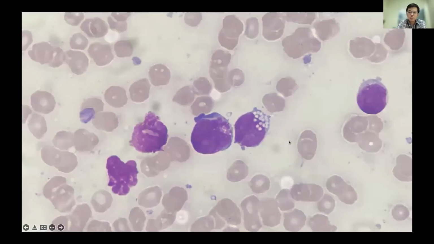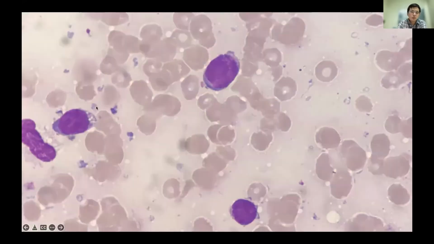And this is the bone marrow examination of this patient, which also shows similar findings. This blast I want to illustrate to you has a deeply basophilic, or dark blue, cytoplasm. And this one is a blast where you can see multiple vacuoles. Of course, the population of blast cells, or abnormal cells, in this case is a bit heterogeneous.